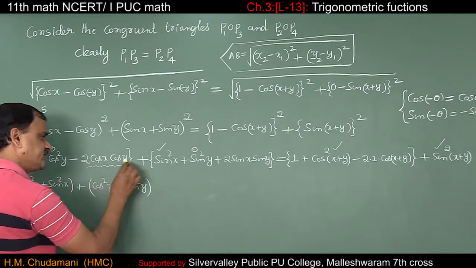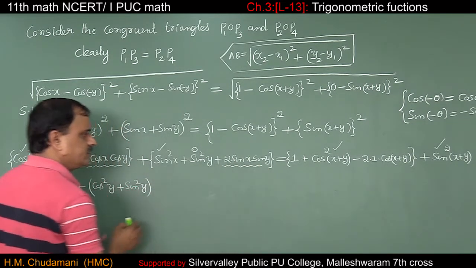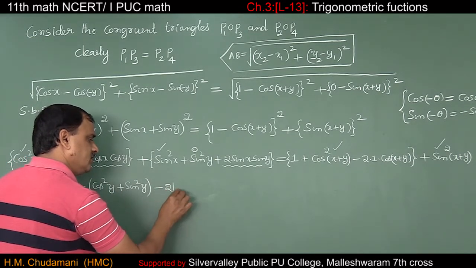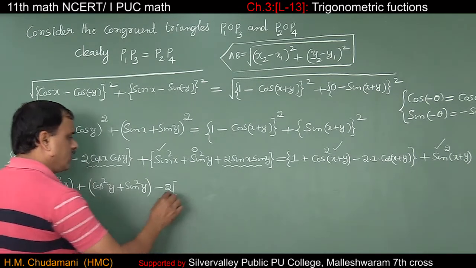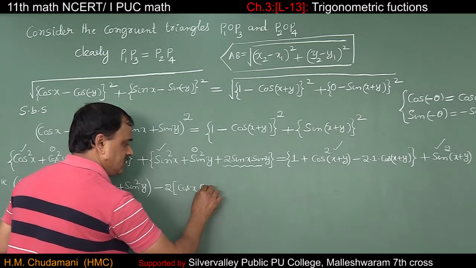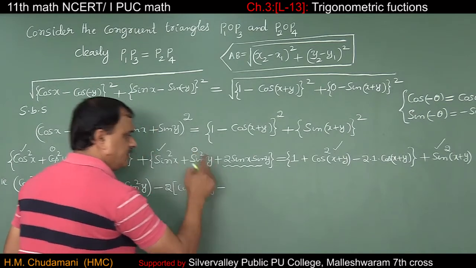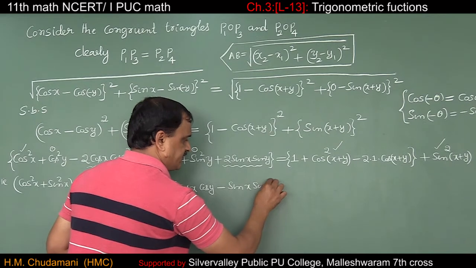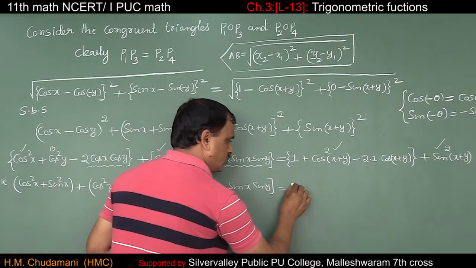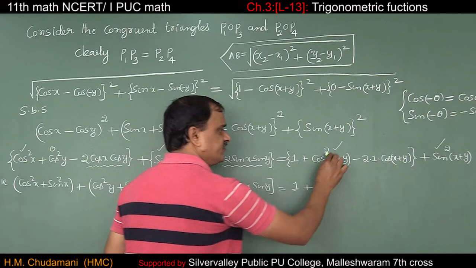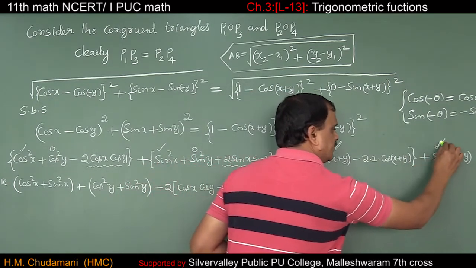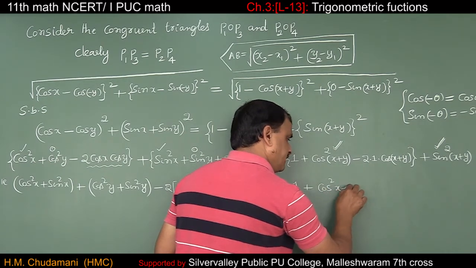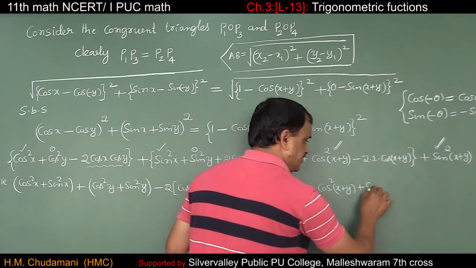Then between these two, I just take minus 2 common. If I take minus 2 common, cos x cos y minus sin x sin y is equal to 1 plus, see this, cos square x plus sin square x together becomes 1 again. Cos square theta plus sin square theta is 1, you know.